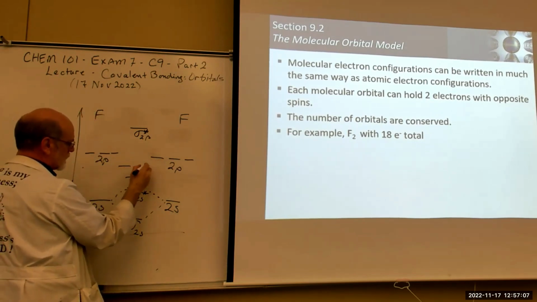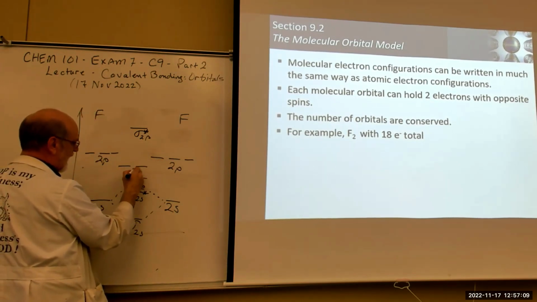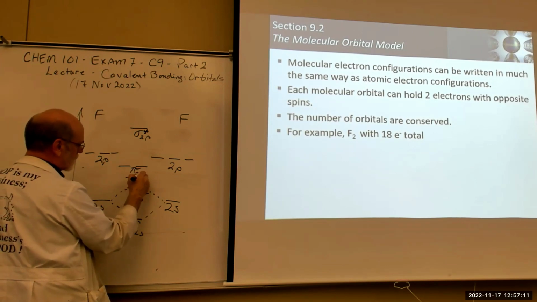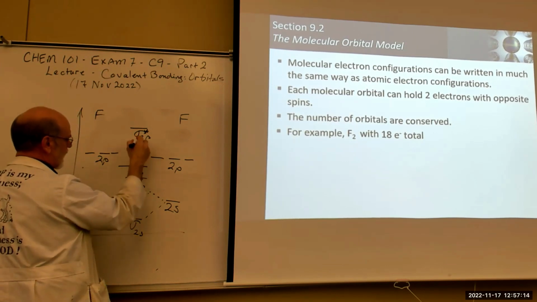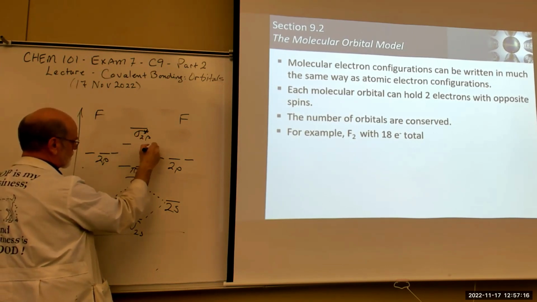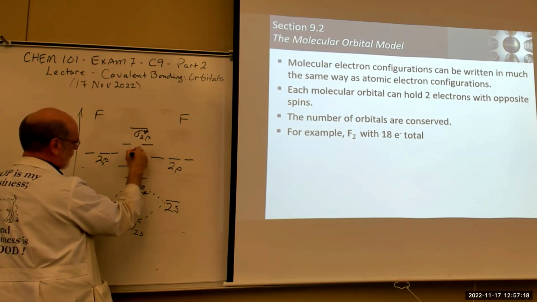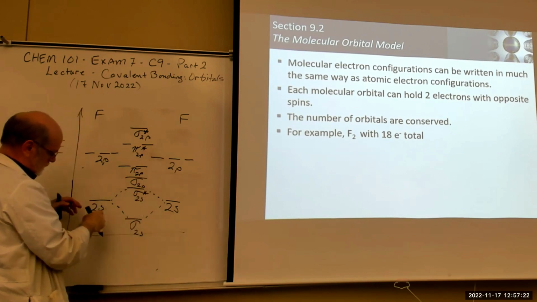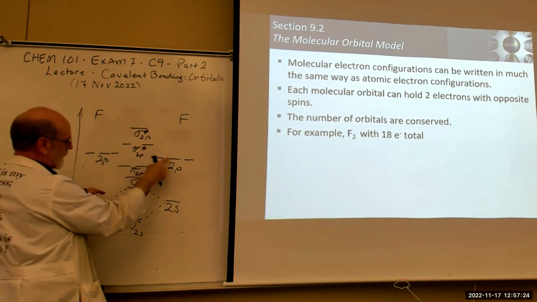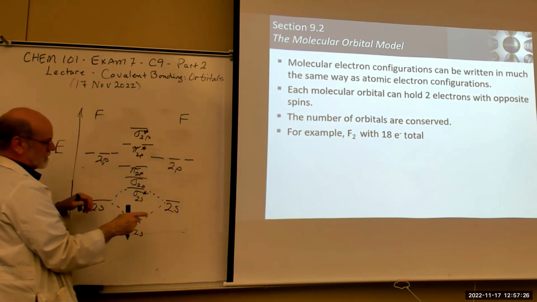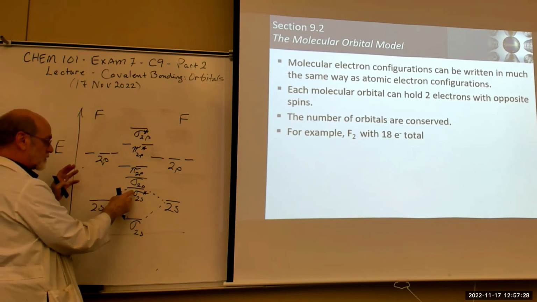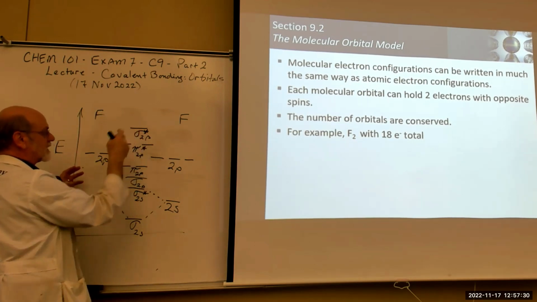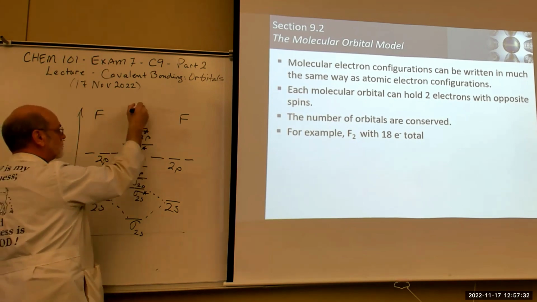So we get 2 pi's formed from the 2p, and we get a pi star formed from the 2p's. So we have 1, 2, 3, 4, 5, 6, 7, 8 atomic orbitals that go into 1, 2, 3, 4, 5, 6, 7, 8 molecular orbitals.